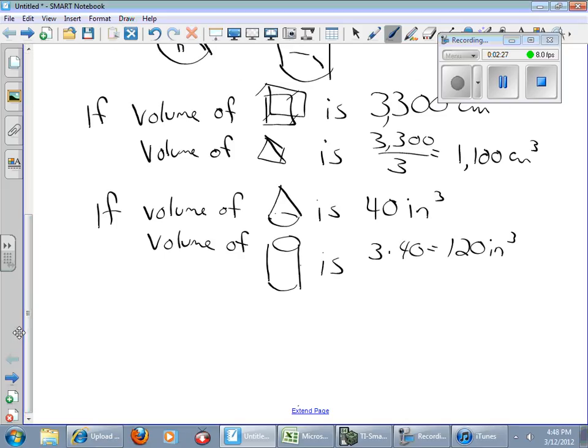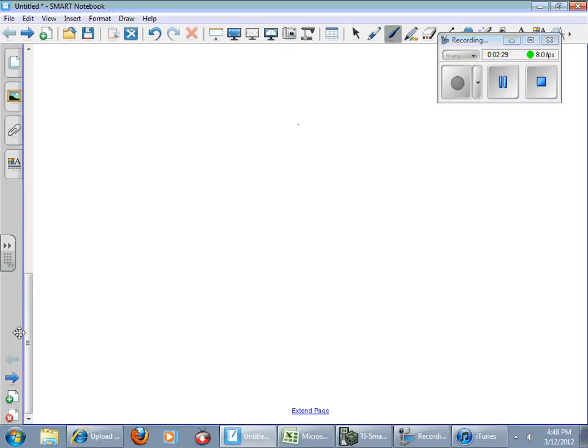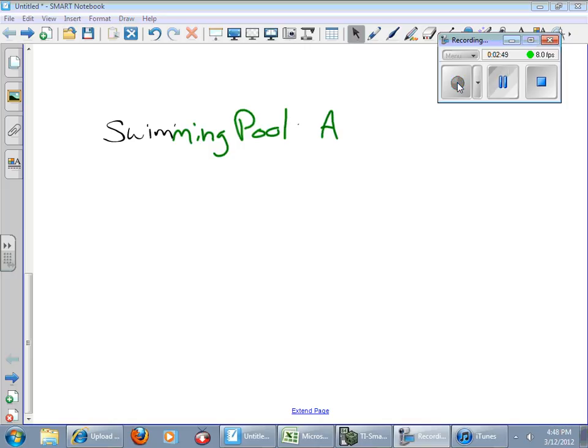All right. Now, there's some other proportional reasoning problems, like the swimming pool problem in your homework. Oh, this is number 5, not the last one, excuse me.